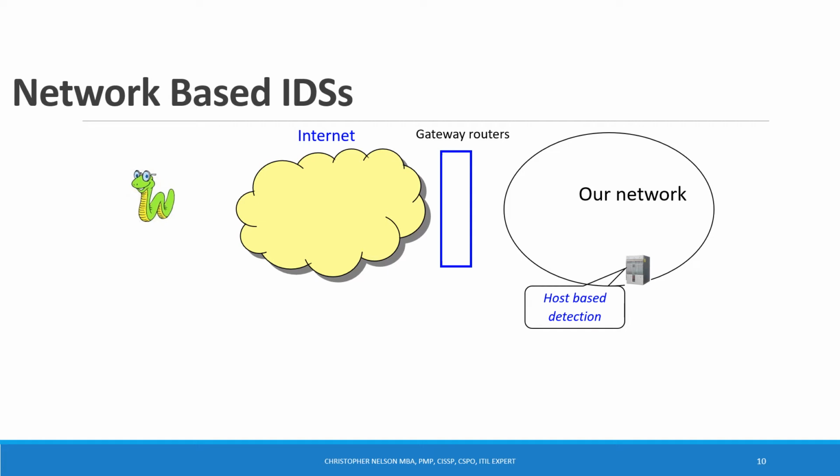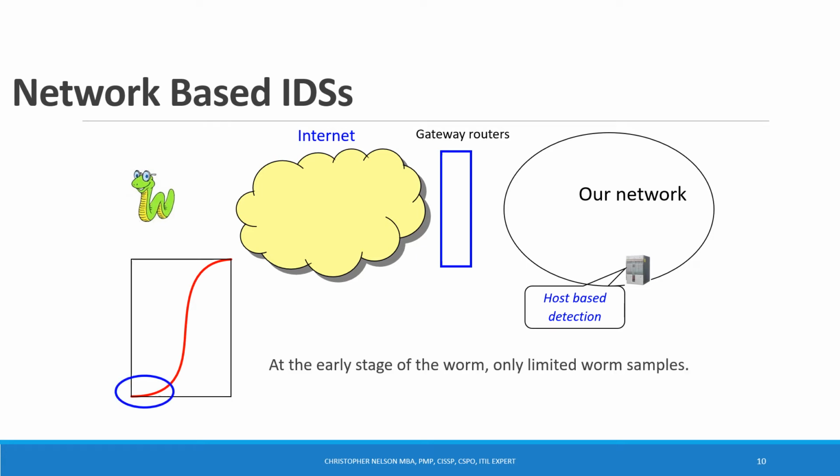When looking at network-based IDSs, we can see that there are different formats that all come together when we're speaking about the internet, gateway routers and our network, and host-based detection. At the early stage of the worm, only limited worm samples are there.